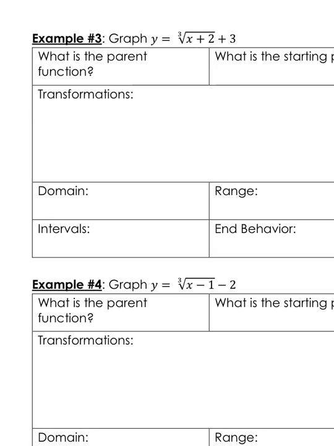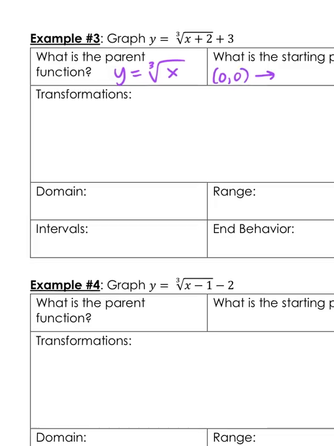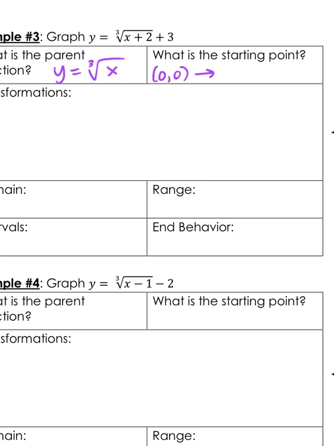All right. Got the cubed root of x plus 2, plus 3. My parent function is going to be the cubed root of x. So my normal starting point would be 0, 0. However, I know that my new starting point, there's a couple of ways we can do this.